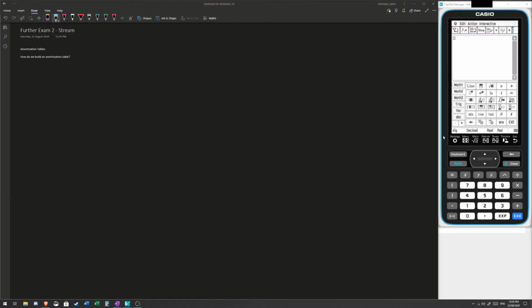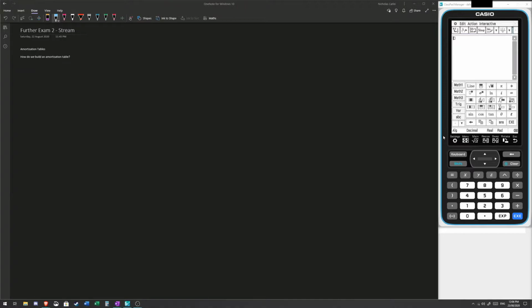So yeah, happy to get started. We'll get going on amortization. Amortization tables: there are basically two types we'll see, amortization tables on loans and amortization tables on investments.